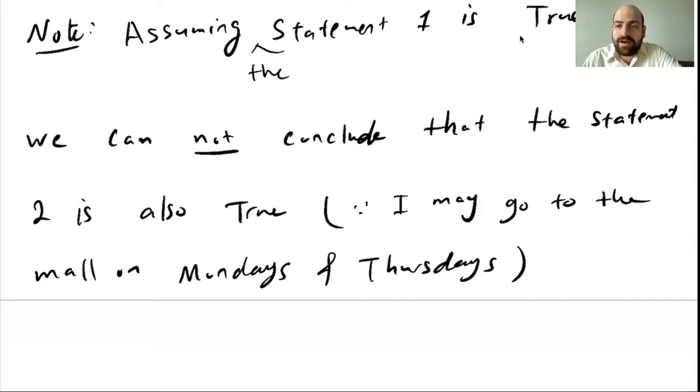It may be true, may not be true. If I only have enough free time to go to the mall on Mondays, in that case the converse will be true. But if I have free time on Mondays and Thursdays, the converse will not be true. So if a statement is true, the converse may or may not be true. It depends on the example, depends on the case.